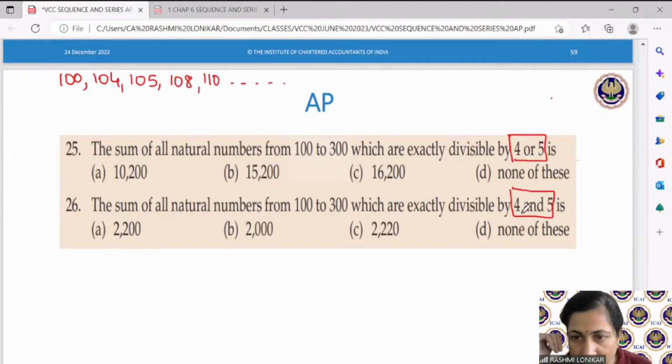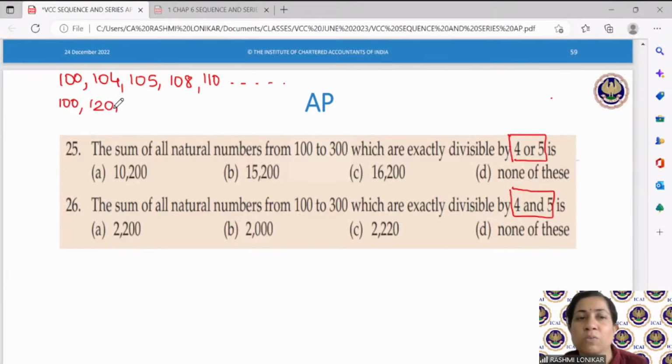Here what happens? It is 4 and 5. So it should be divisible by 4 as well as 5. Now let me take 100. Is it divisible by 4? Yes, it is. Is it divisible by 5? Yes, it is. Then after that, can I take 104, 105? No, I have to take 120. Because 4 and 5 means LCM of 4 and 5. What is that? 20.